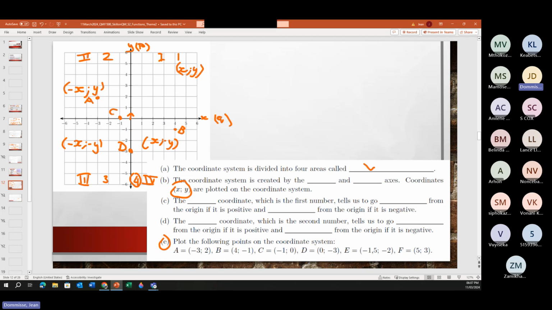Minus 1.5, so we will need to guess a bit. That is around minus 1.5, and then minus 2, so that will be nearly where E will be. And then point F, both are positive, so we look at quadrant 1, plus 5, plus 3.